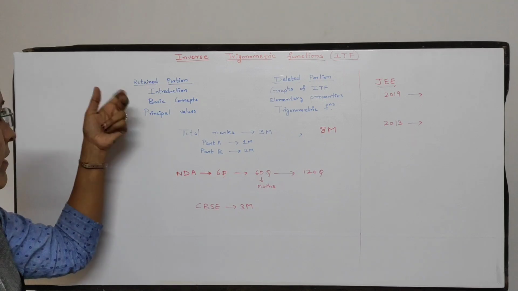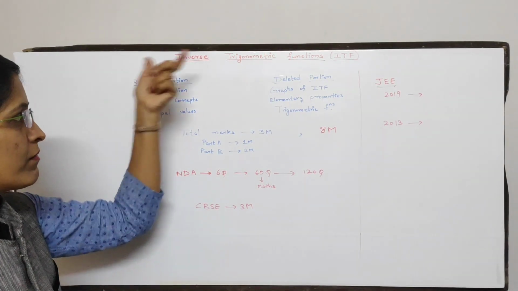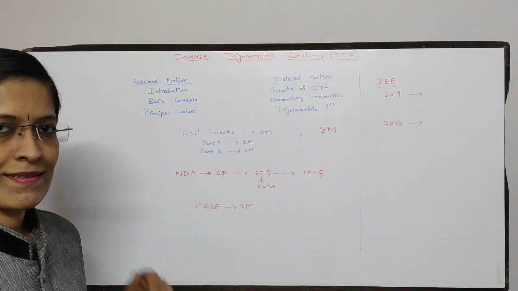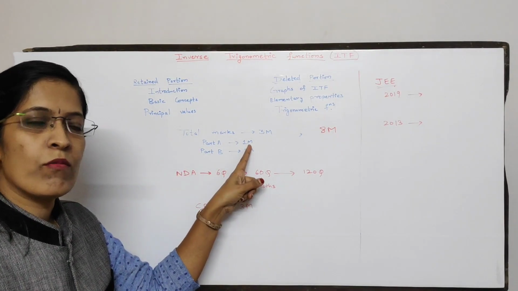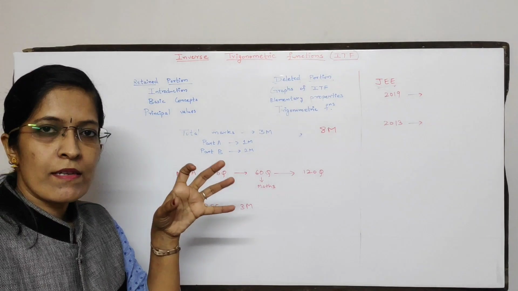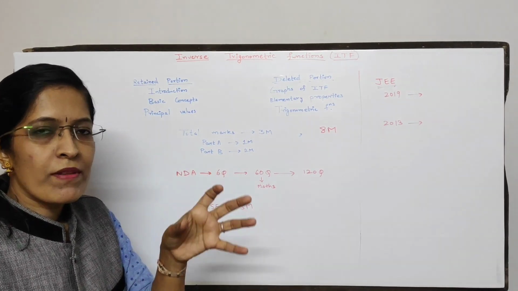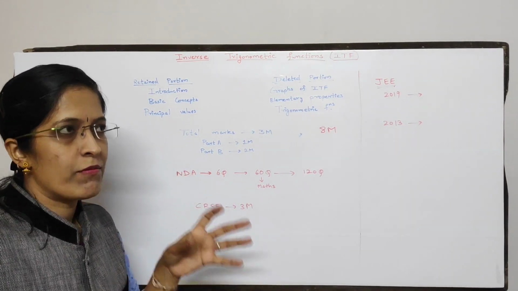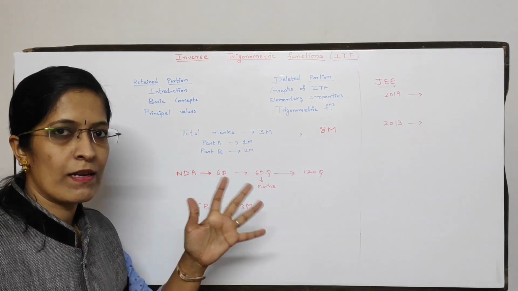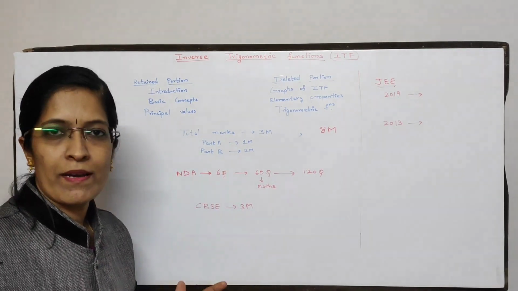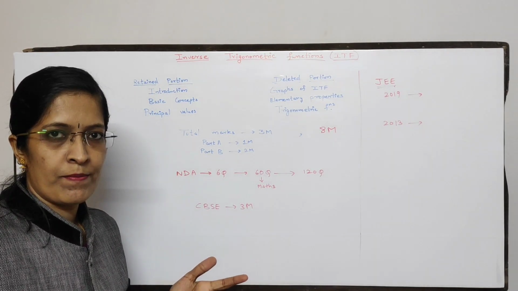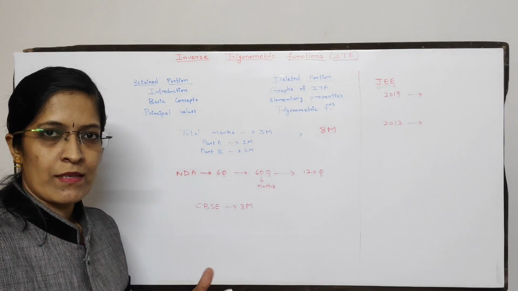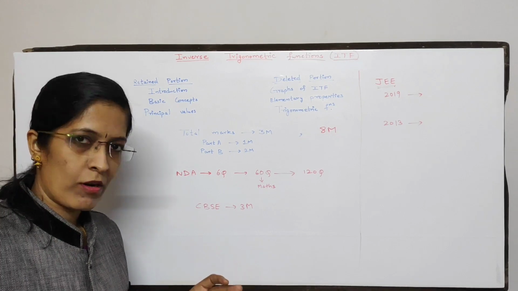Now, in the retained portion of inverse trigonometric functions, total marks is 3 marks. Part A, the 1 mark question, is a fixed question. They will ask the domain or range of the given function. We have already studied 6 trigonometric functions in trigonometry: sin x, cos x, tan x, secant x, cosecant x and cot x.